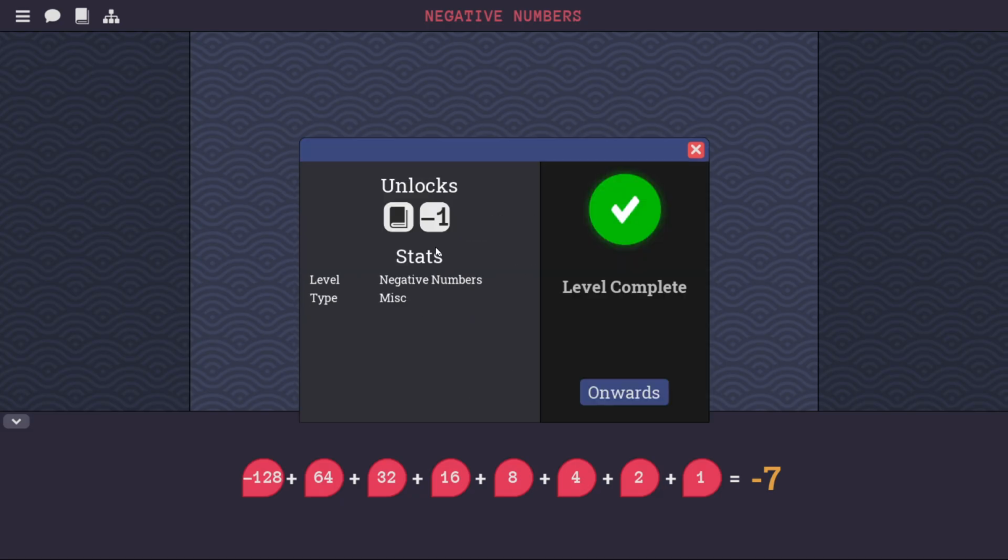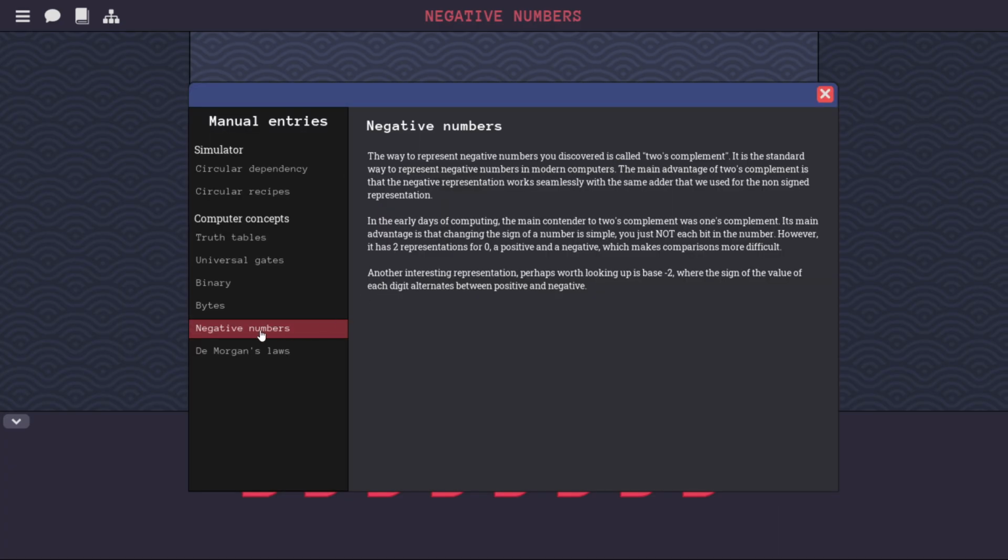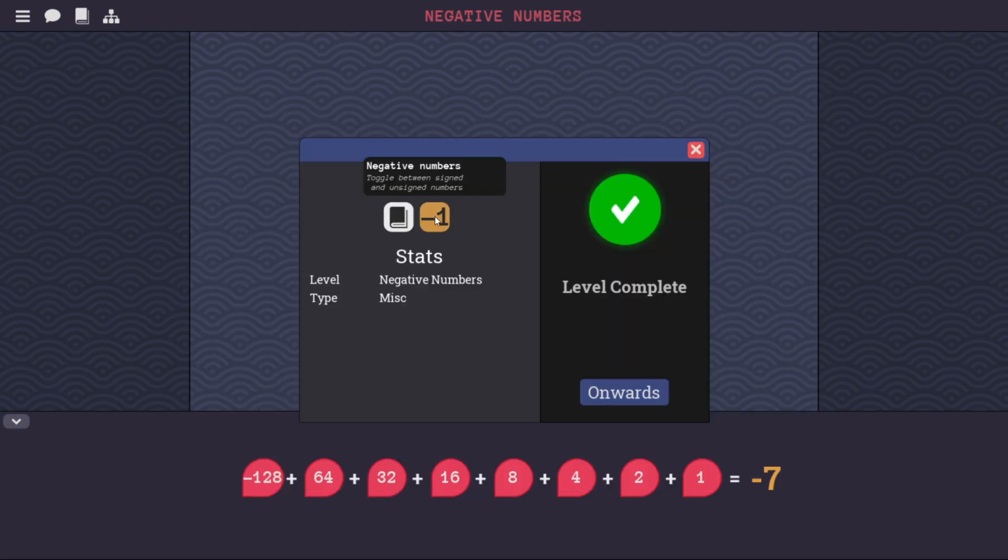And now we have support for negative numbers, which the way you represent negative numbers you discovered is called 2's complement. So when we talk about 2's complement, we're talking about representation of negative numbers.